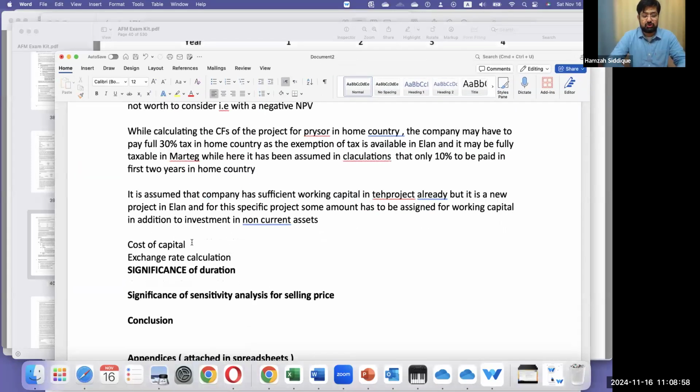So the cost of capital of 14% is used for the project evaluation without any logic or basis given or explained.